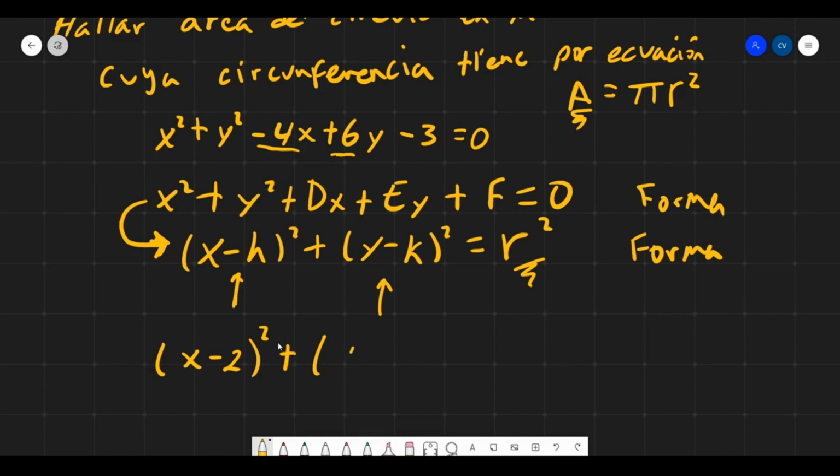Where does this r squared come from? You can see that this minus sign is subtracting what is on the left side, so this one that is here is the constant term. You can move it to the right side by adding, but you can see that I have this independent term here.